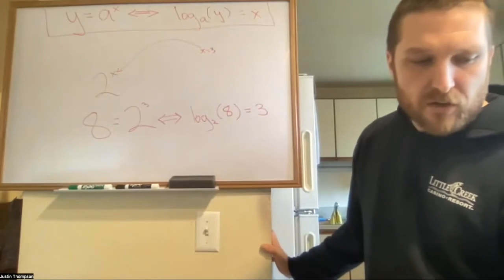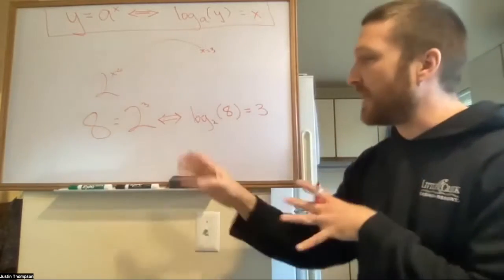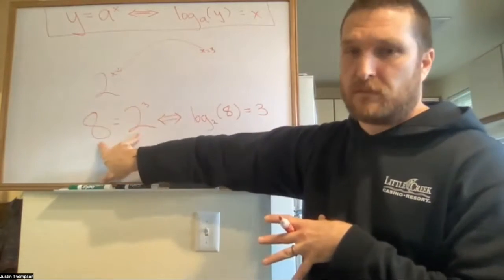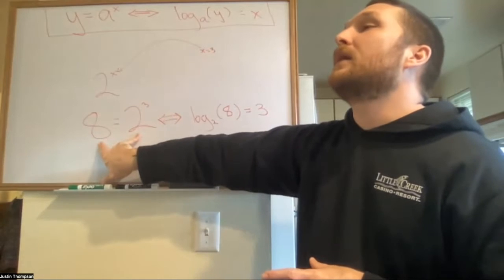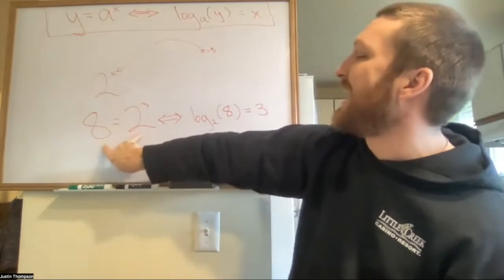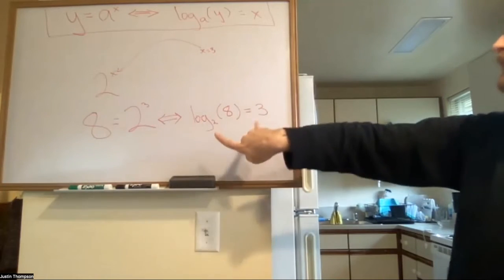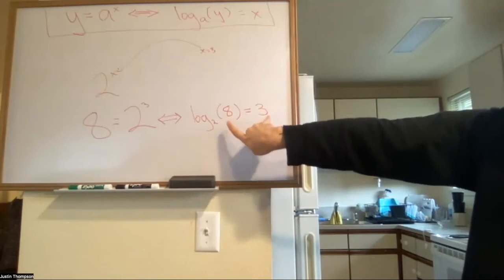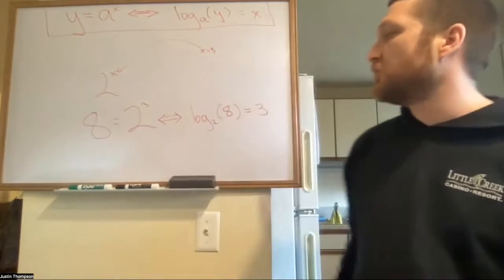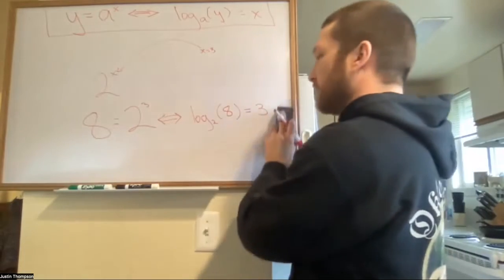And so part of your homework's going to be translating back and forth between these. They're either going to give you an exponential equation and tell you to write this as a logarithmic equation, or they're going to give you a logarithmic equation and tell you to write it as an exponential equation. And so let's do a couple of those to get the feel for this.